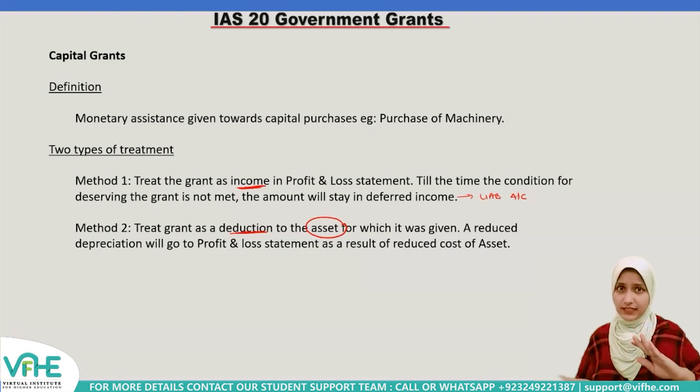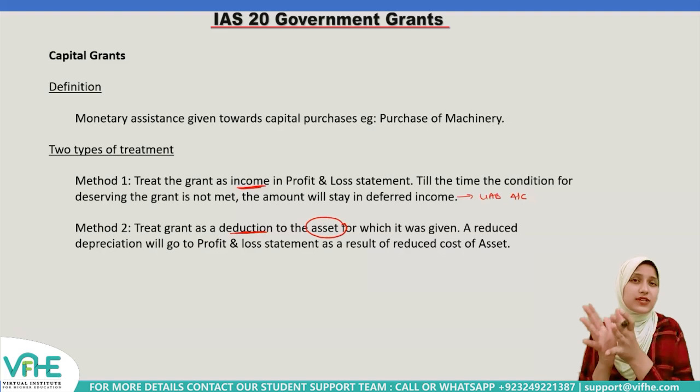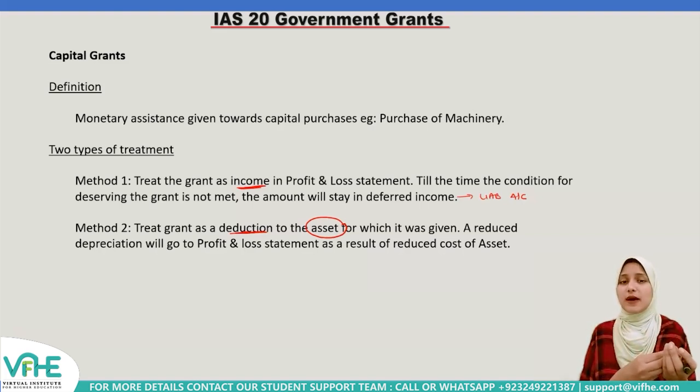When you treat it as a reduction to the cost of the asset, what will happen? A reduced depreciation will go in your profit and loss statement. In your revenue grant, what was happening? A reduced expense was going to your profit and loss statement. Same thing over here: a reduced expense is going because depreciation is an expense.